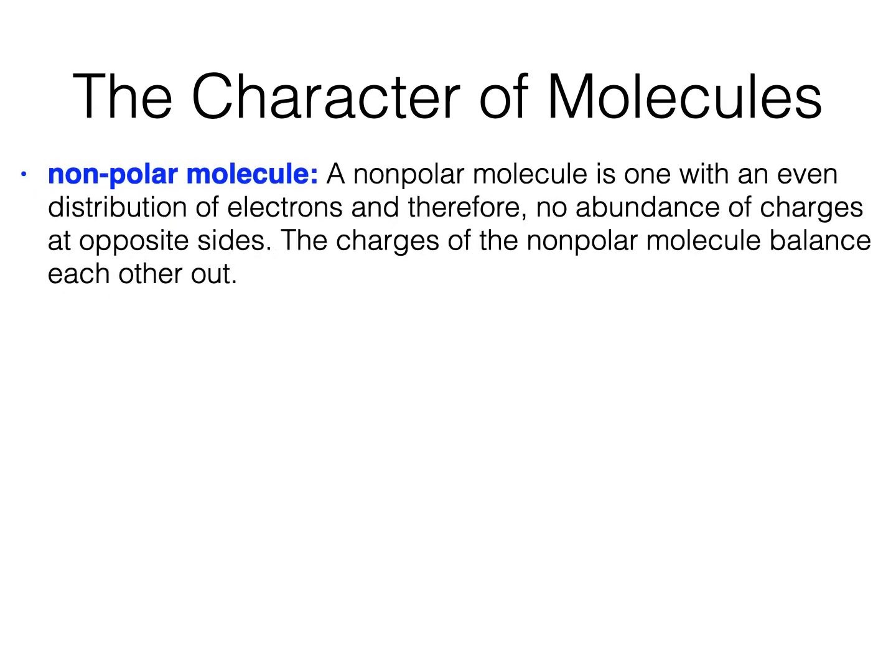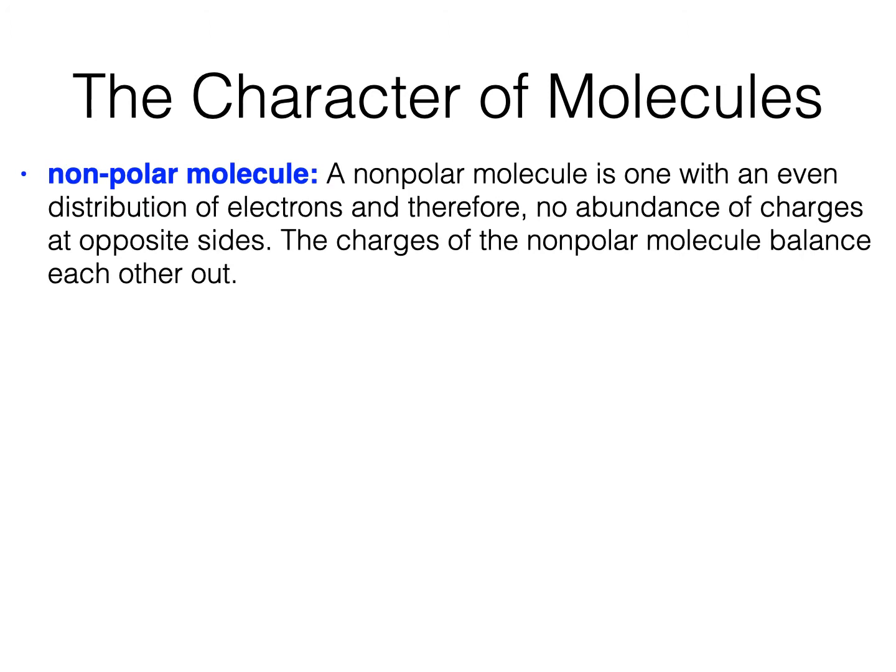To do that, though, we need to know what the character of a molecule would be. When I refer to character, I'm really referring to the polarity. So molecules might be nonpolar.